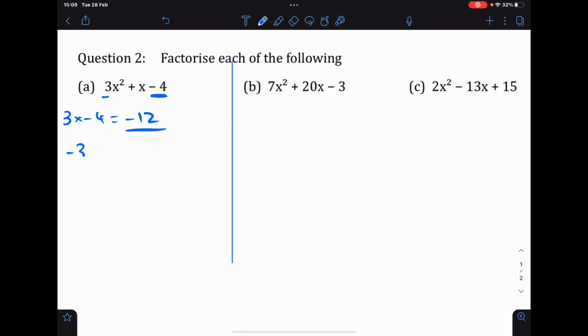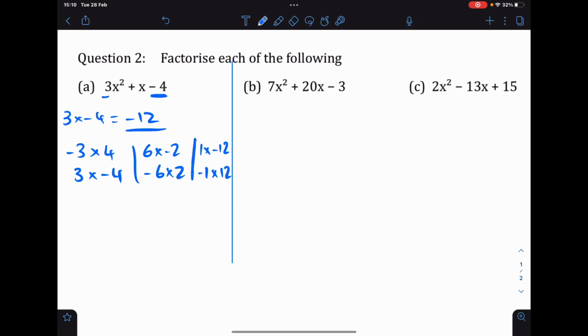So I can have minus 3 times 4, 3 times minus 4, because a negative and a positive make a negative. Also, I can have 6 times minus 2 or minus 6 times 2. And lastly, I can have 1 times minus 12 or minus 1 times 12.